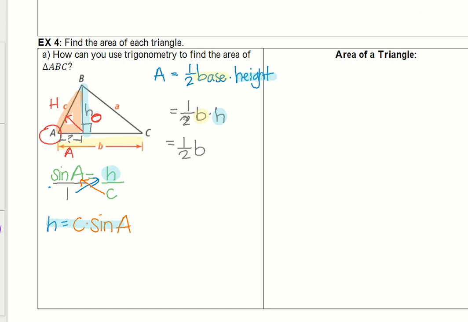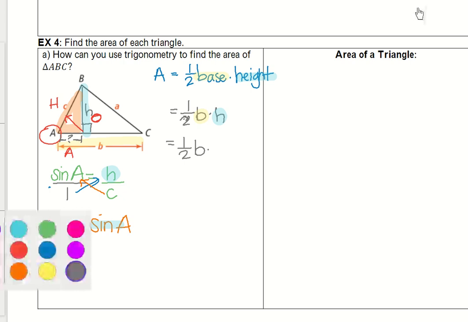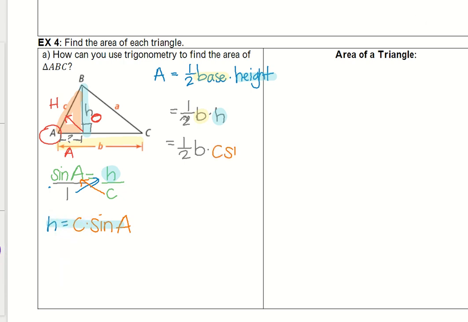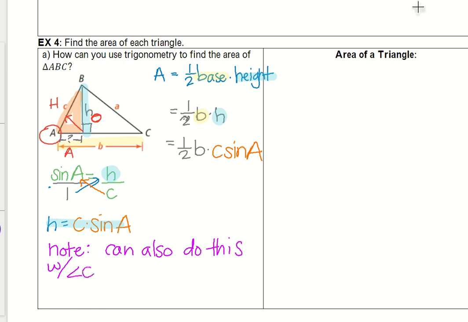We already had the B, but now times C sine A. One thing to note is that I could do this with C. And if I did that with C, we would get that H equals A times sine of C.